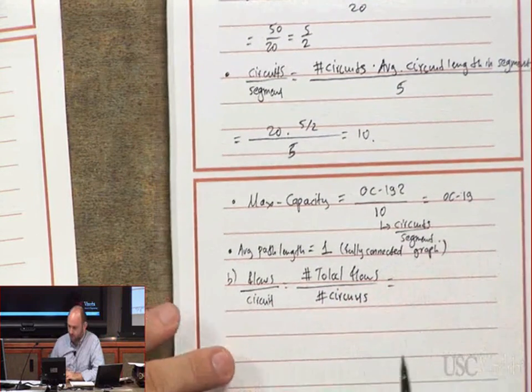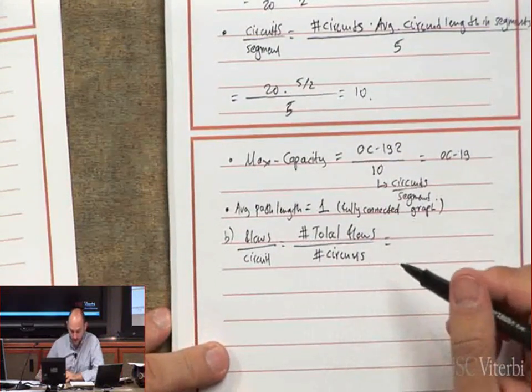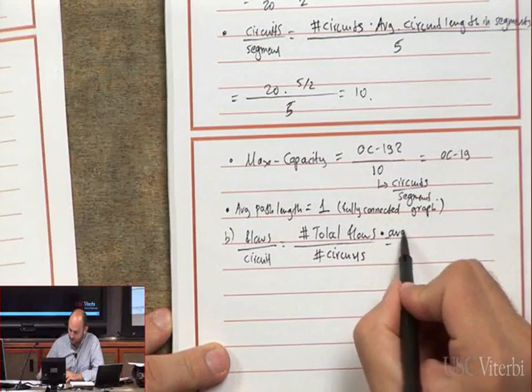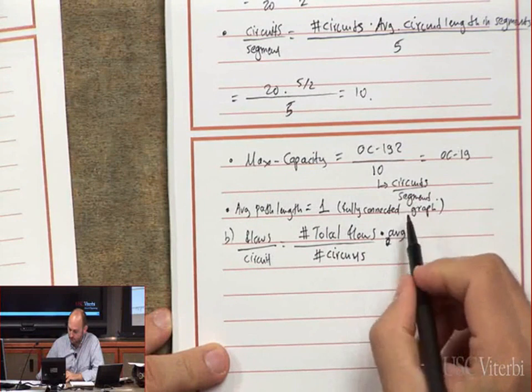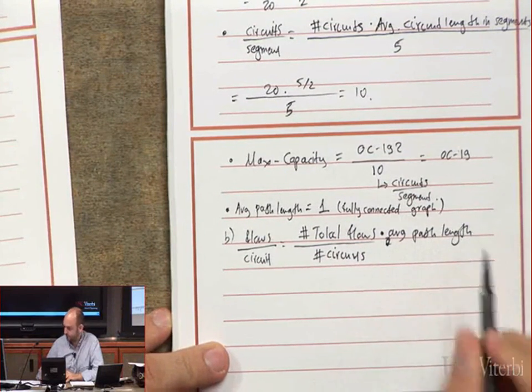Okay, and with that said, over here we have total flows times average path length.